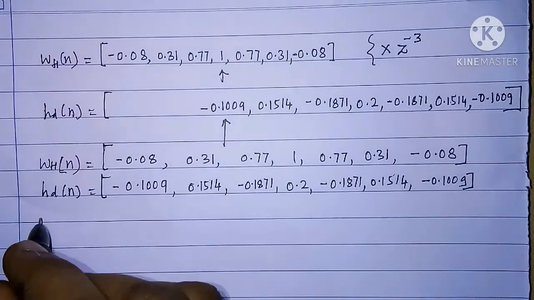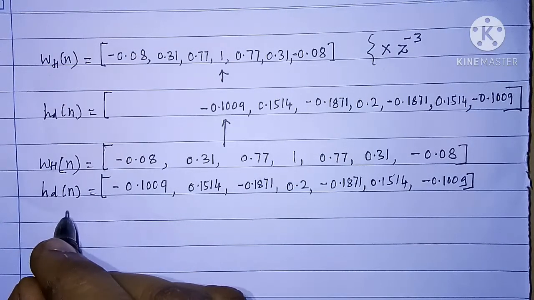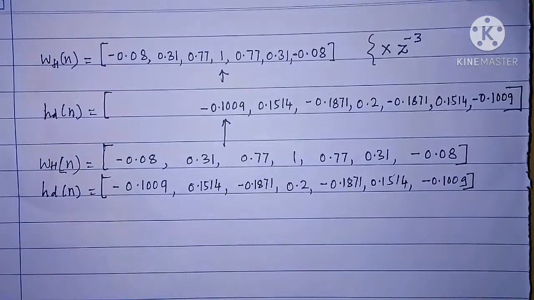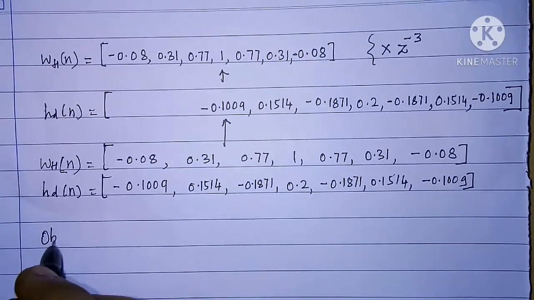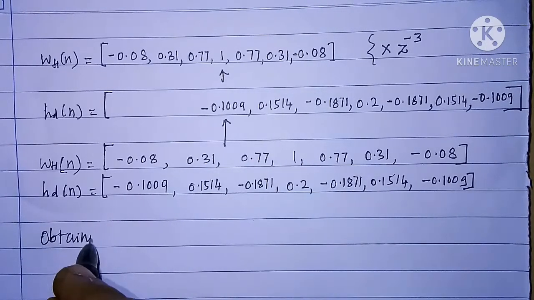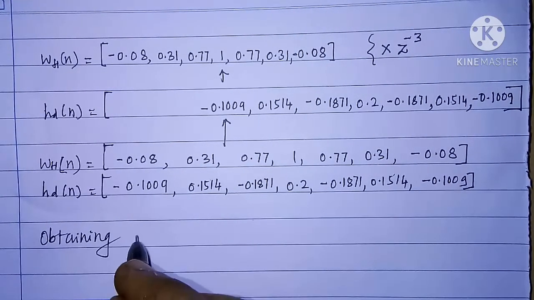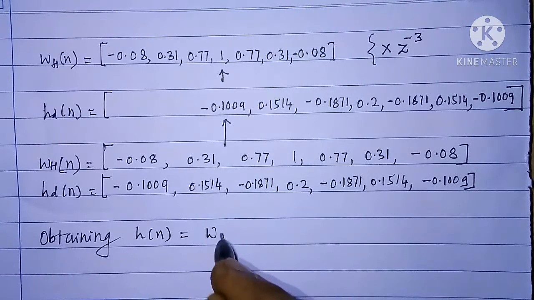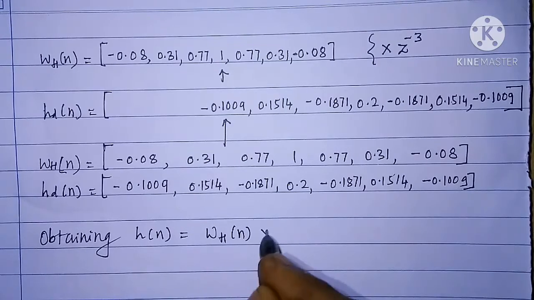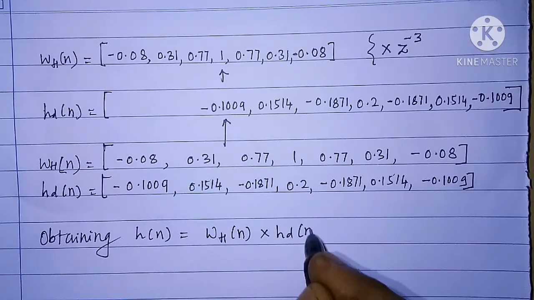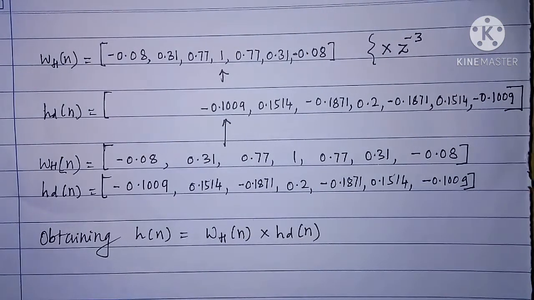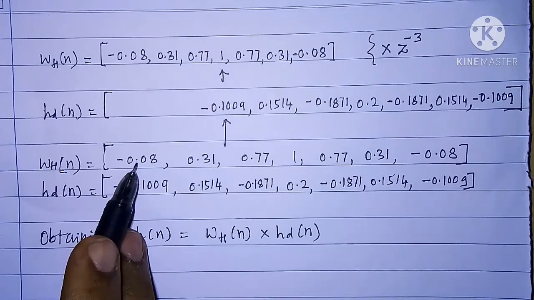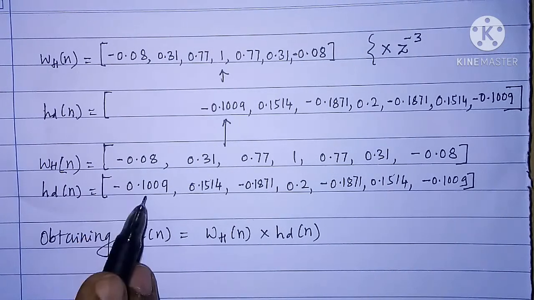Now we have to obtain impulse response H of n of linear phase high-pass FIR filter. So right here, obtaining H of n equal to WH of n into HD of n. Here we have to multiply sample by sample.